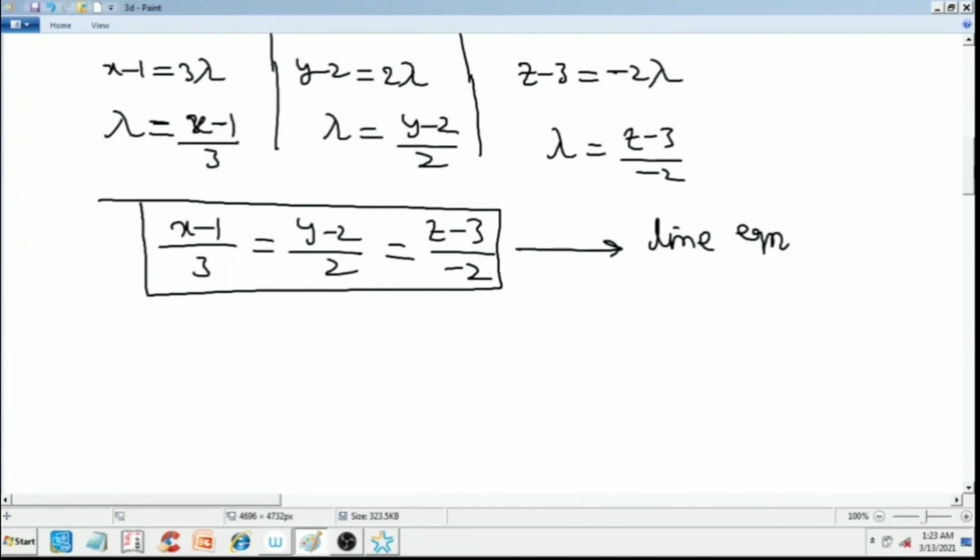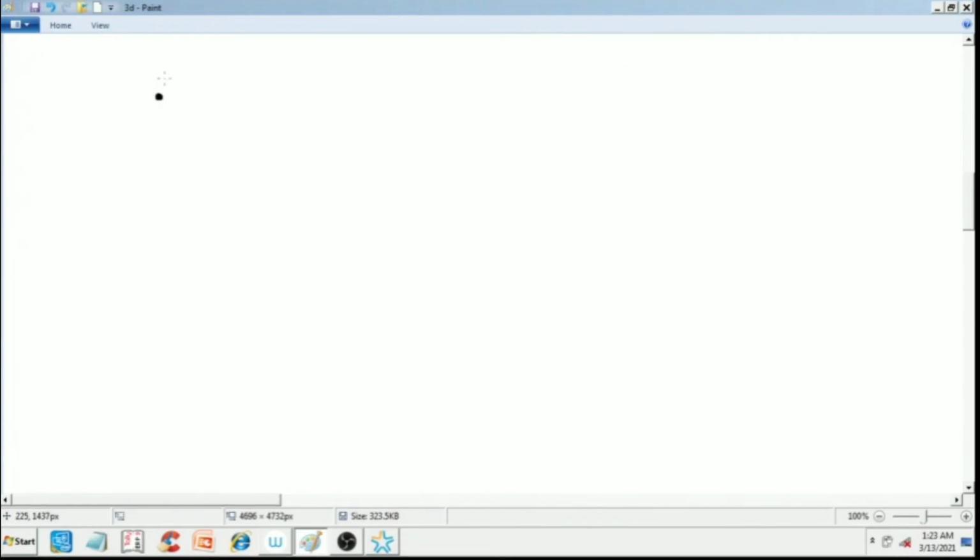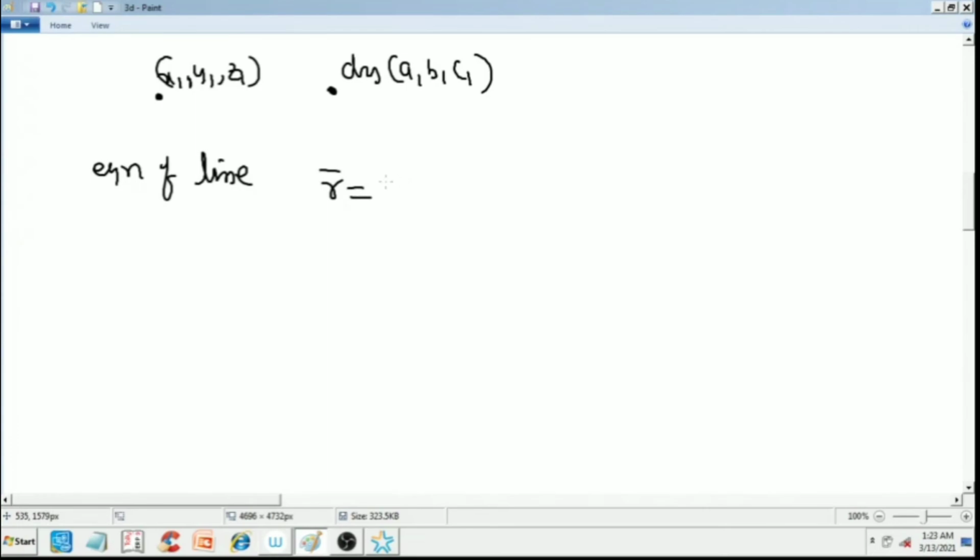Once again I will explain. Here one point (x1, y1, z1) and one DRs (a1, b1, c1) are given. Then the equation of the line in vector form is r = (x1, y1, z1), the point, plus lambda times the DRs (a1, b1, c1).